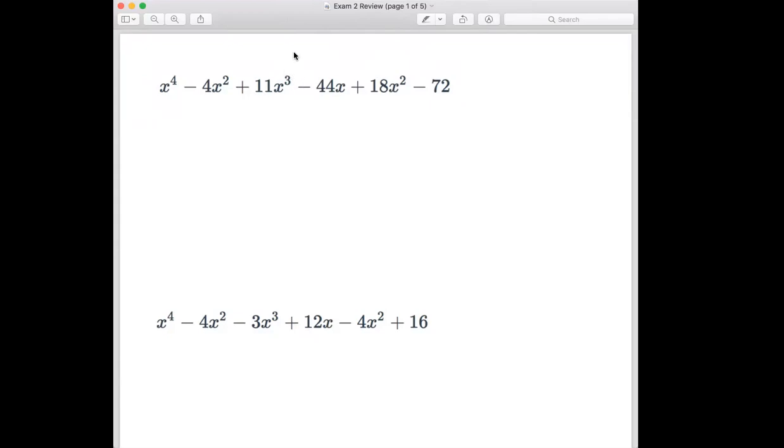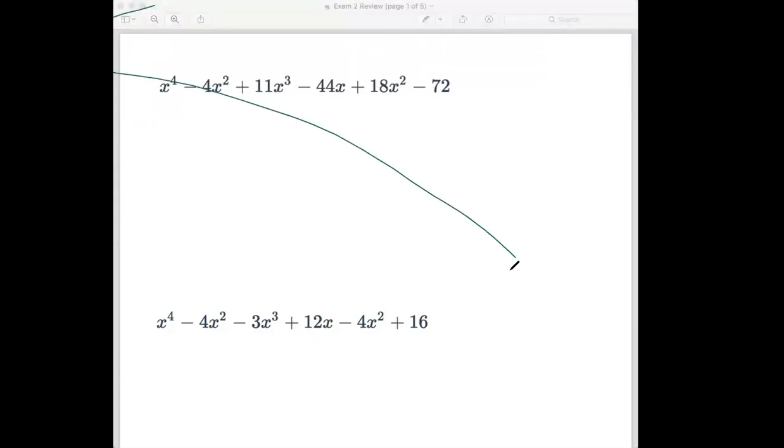If we combine like terms, we're not going to be able to factor this thing at all. So that's why we use this factor by grouping technique. Let me show you, for example.